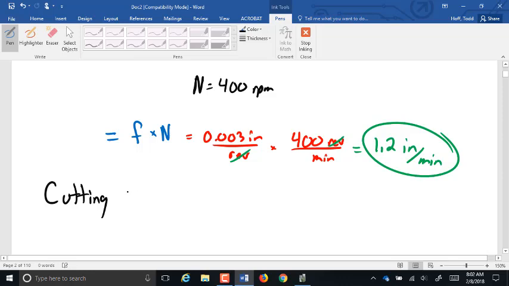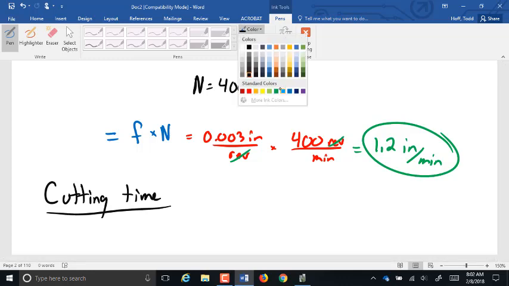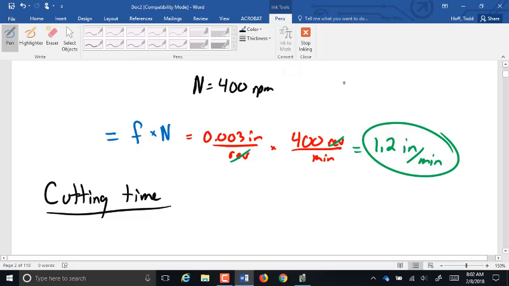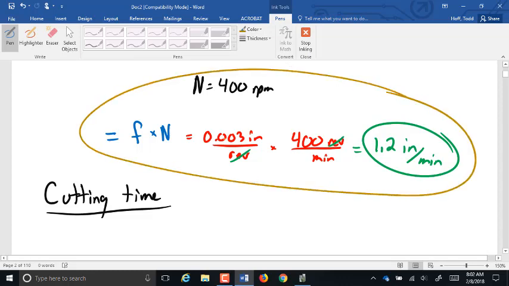Your cutting time, in other words, the time required to make a cut. Let's say we have this tool, we're allowed that 0.003 of an inch per revolution at 400 revolutions, and we need to make a 6-inch cut. So we're going to advance a total of 6 inches.